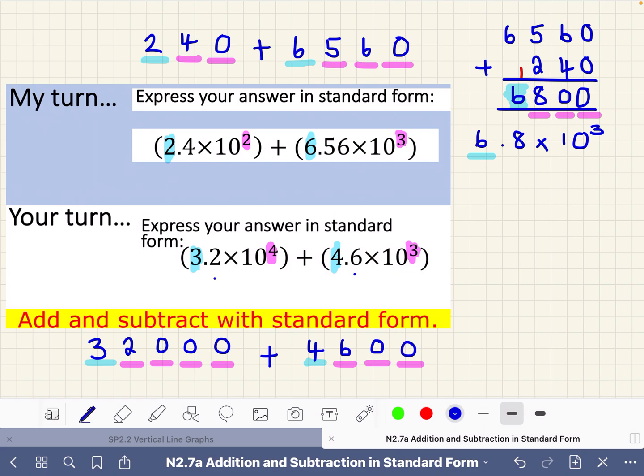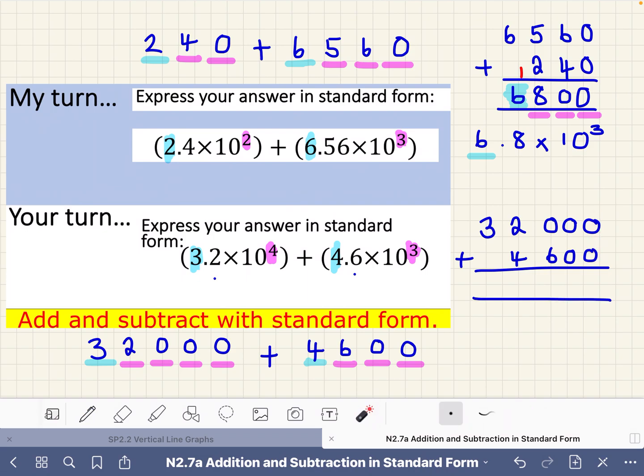We will now complete our addition using a column method, making sure our place value lines up. So 32,000, and we are looking to add 4,600. Remember, units line up with units, tens with tens, hundreds with hundreds, and so on.